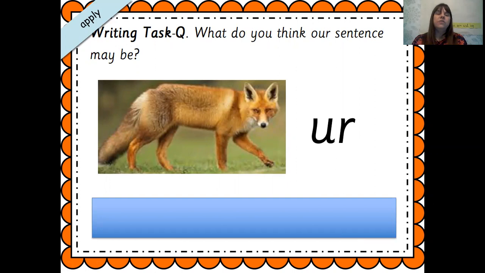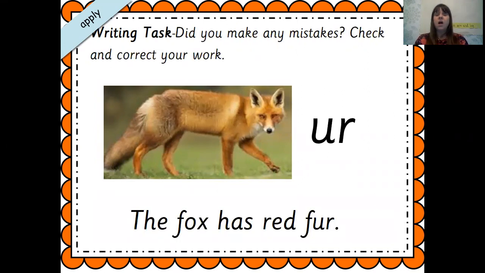What do we think that we need to write here? It needs to have the word fox in because there's a fox there. What does the fox have on its body like the polar bear? It has fur. So you're going to write the sentence, the fox has red fur.